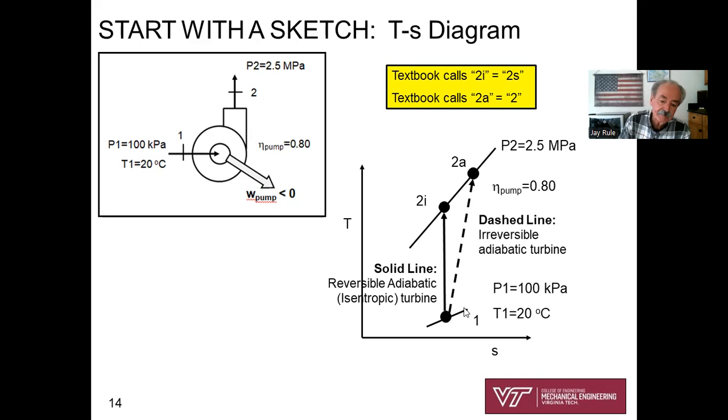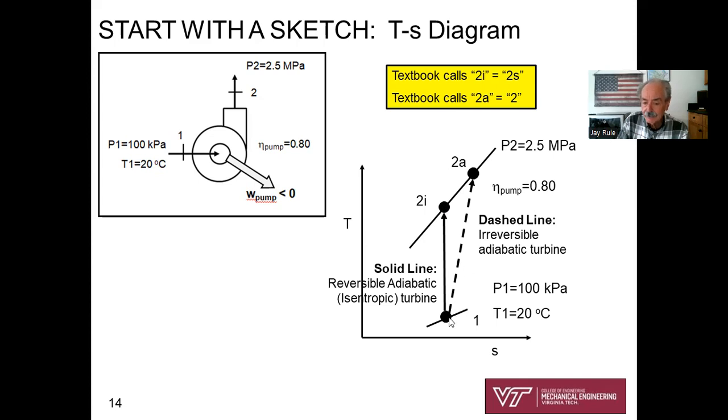But we're to the left of the vapor dome in the compressed liquid zone. So here's a line of constant pressure at 100 kPa. I'm also showing a line of constant pressure here, like on a TS diagram to the left of the vapor dome. And I'm showing the isentropic process that we'll study first, 1 to 2i.